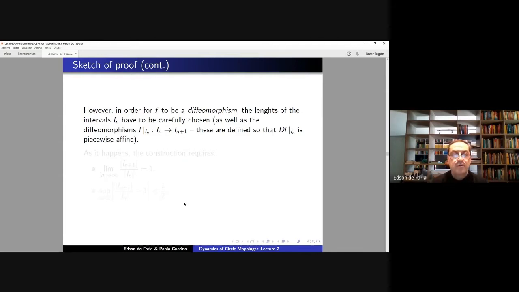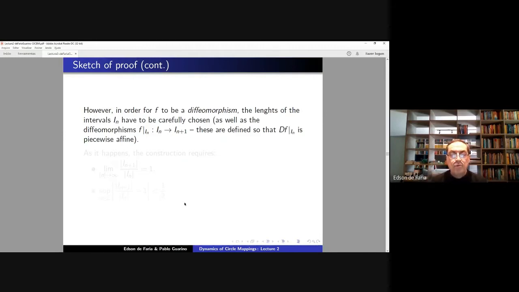The intervals have to be very carefully chosen, and particularly the lengths of these intervals have to be very carefully chosen, because you want a diffeomorphism now. And you have a certain liberty, a certain freedom to define the map on the gaps of the Cantor set, on these intervals I sub n, but not much freedom, okay?